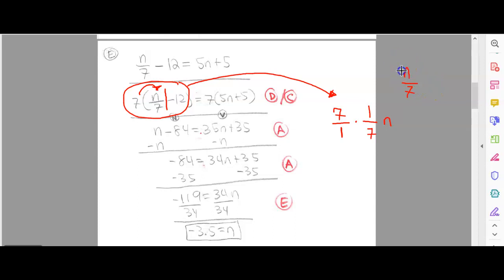But remember, what's in front of that n? An invisible uno. So I could go 1 over 7 n. I think that doing this way makes it easier for you to understand the idea that, oh, that's why I can do 7 over this and cancel it out. So notice, my n separated right now. I mean, it's still hugged up in a sense, but it's not like this that can be very confusing.